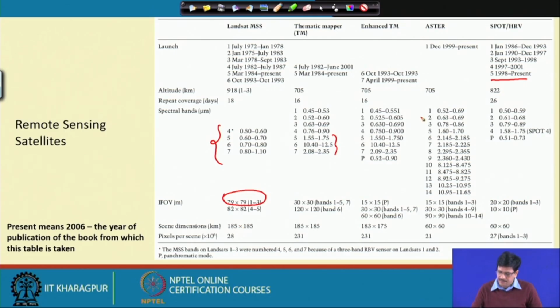And so, visibly you could see that these are developments of their previous versions. For example, the thematic mapper was a far more useful spectrometer than the multispectral scanner. Similarly, the enhanced thematic mapper was better in terms of its spectral coverage, and the Advanced Spaceborne Thermal Emission and Reflection Radiometer had even more spectral bands.